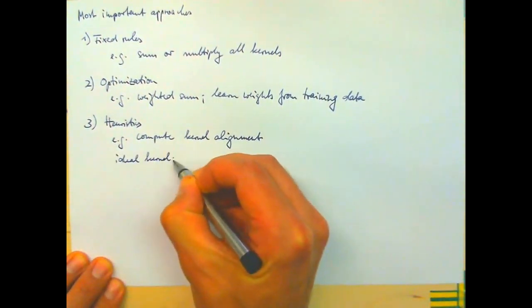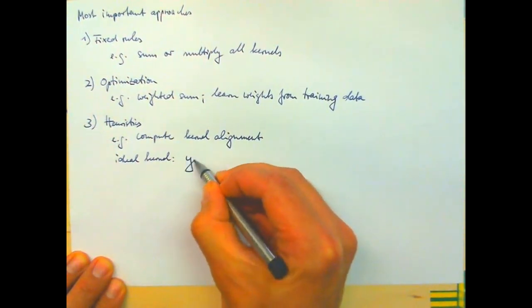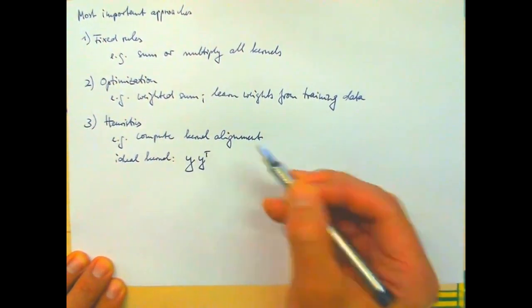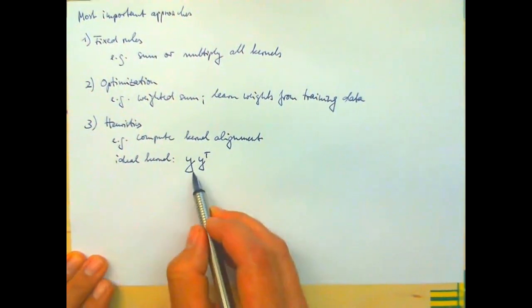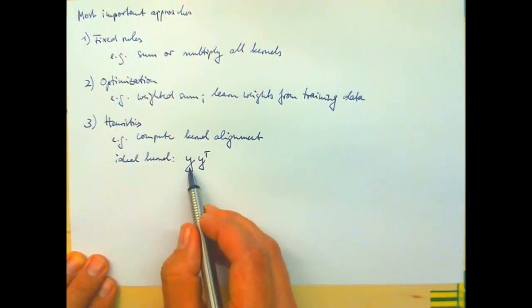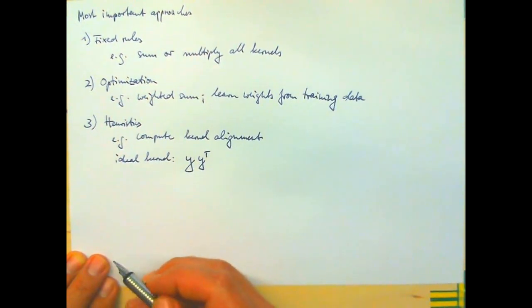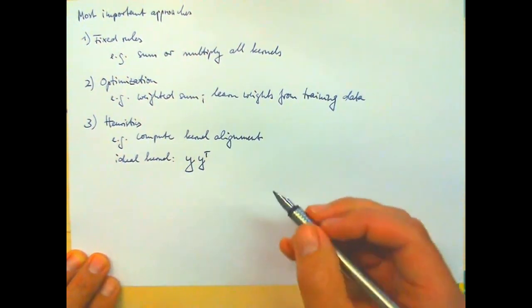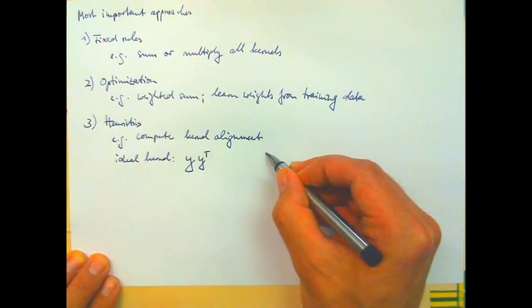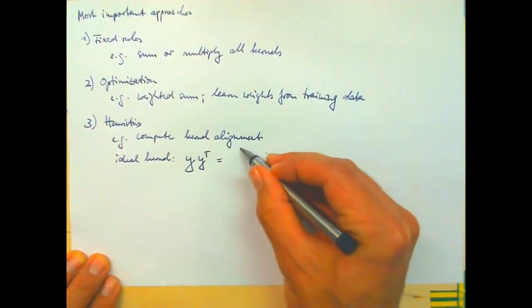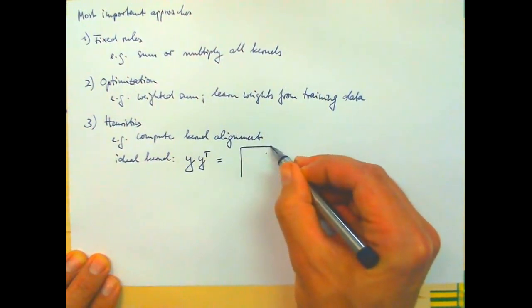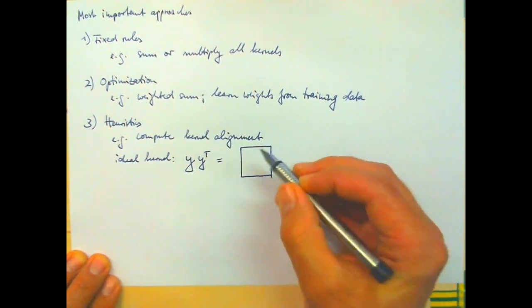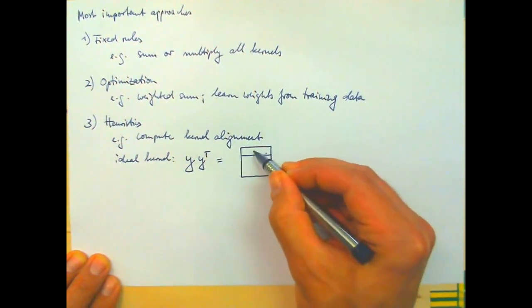The ideal kernel matrix is given by y y transpose, where y is the vector of labels for all of your observations, and the labels are +1 or -1, such that if you order all your observations such that you have all the observations from the one class first and all the observations from the other class next.